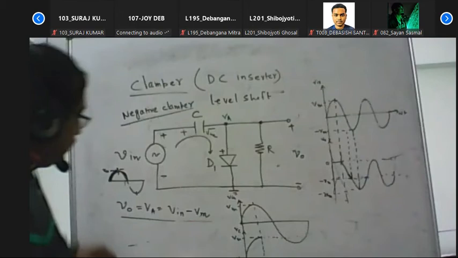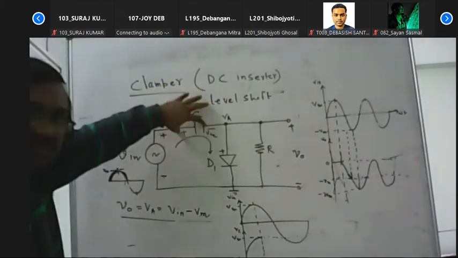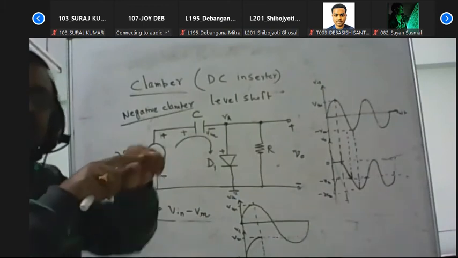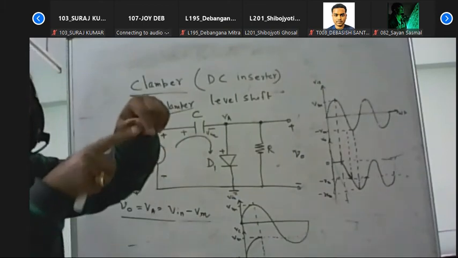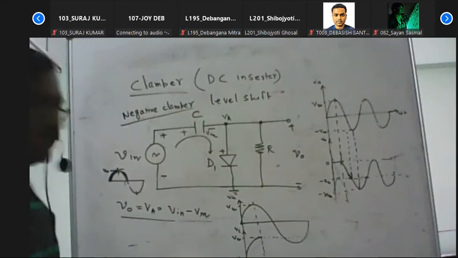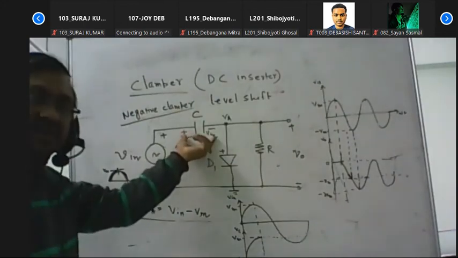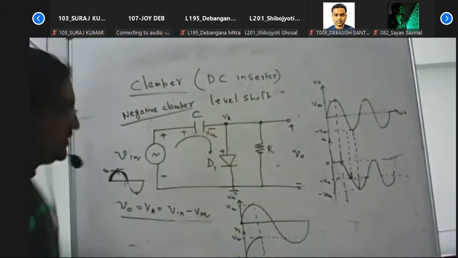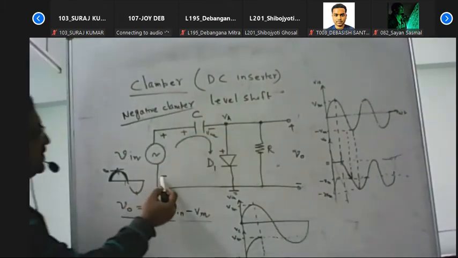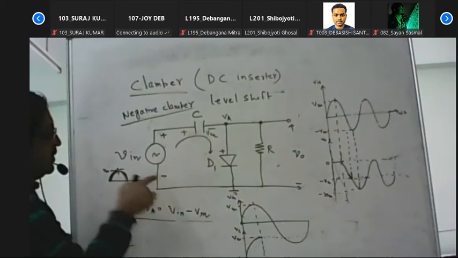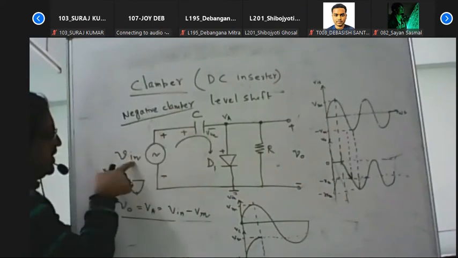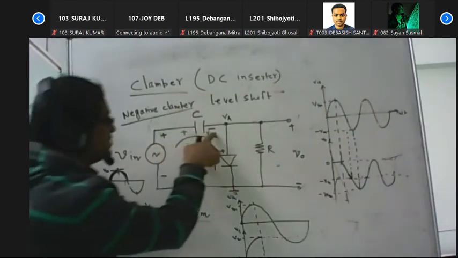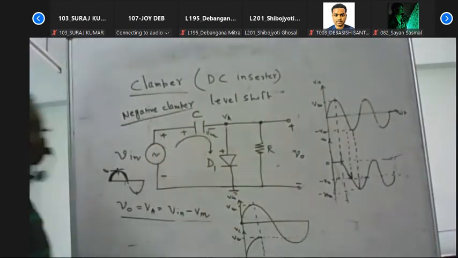Now it retains its maximum voltage, but the input signal is continuously decreasing. After Vm it will decrease with respect to time. The capacitor can maintain its voltage. So what happens? The voltage at that point, if we write down the KVL for this, negative, positive, that means Vin, positive, negative, that means Vin minus Vm, is the voltage at that point.